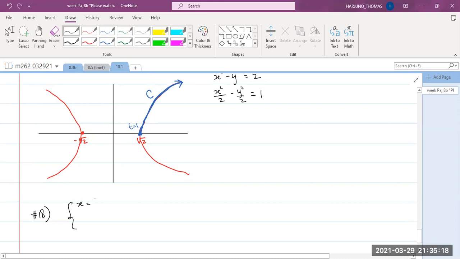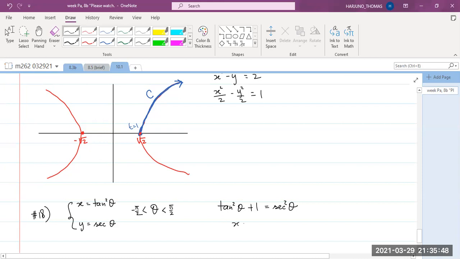x is tangent squared theta. y is secant theta. Theta is from negative pi over 2 to pi over 2. Now we know that tangent squared theta plus 1 is secant squared theta, right?